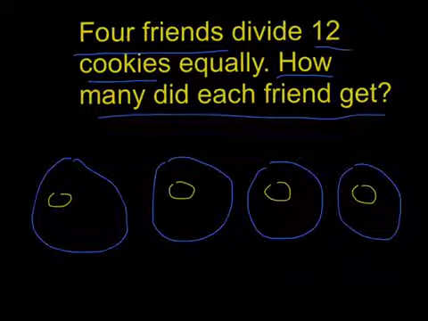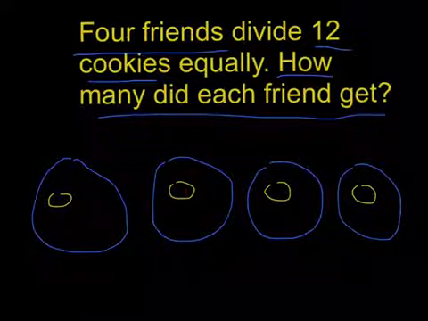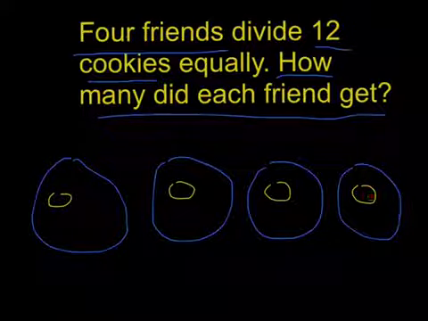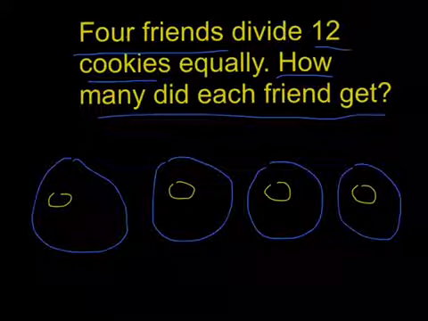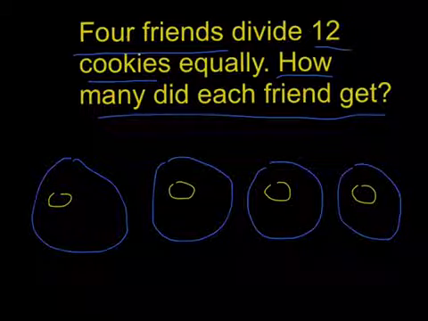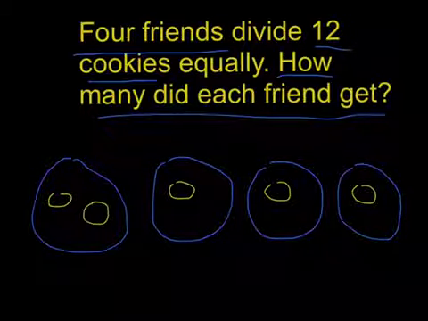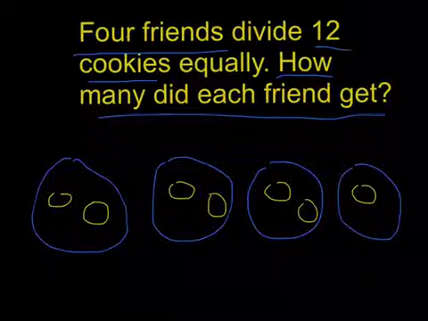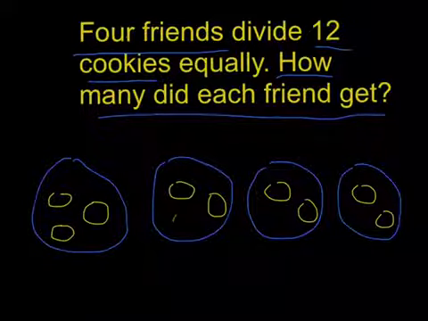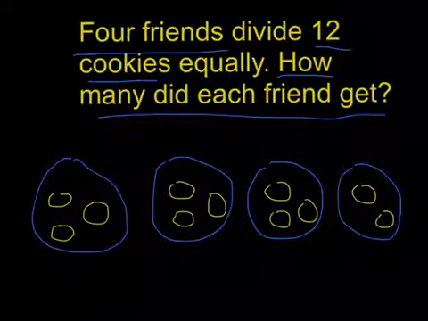So far, I put 1, 2, 3, 4 cookies out. I need to keep going until I get to 12 cookies. I'm going to put one in each group equally until I run out. So I have 1, 2, 3, 4 cookies. This would be 5, then 6, 7, 8. Am I out of cookies yet? No, I got to keep going. 9, 10, 11, 12. Am I out of cookies? Yes, now I'm out of cookies.